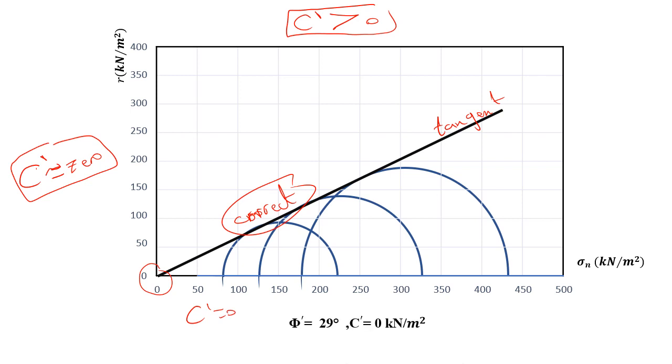If you have your compass, you can measure this angle using your compass, or if you don't have a compass, you can take any 2 points on this line and measure the slope through the equation delta y over delta x. It's equal to the slope of the straight line. Once you measure the slope, you can take the tan inverse of the slope and you can come up with the value of phi prime, and you will get it at 29 degrees.